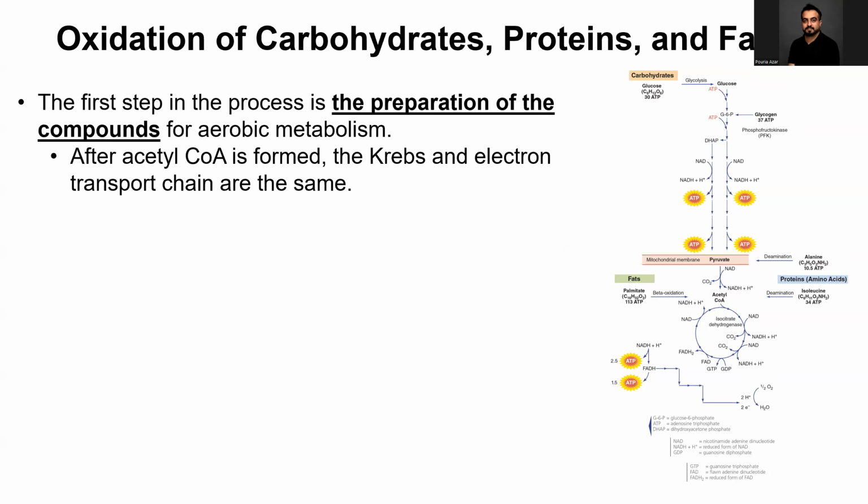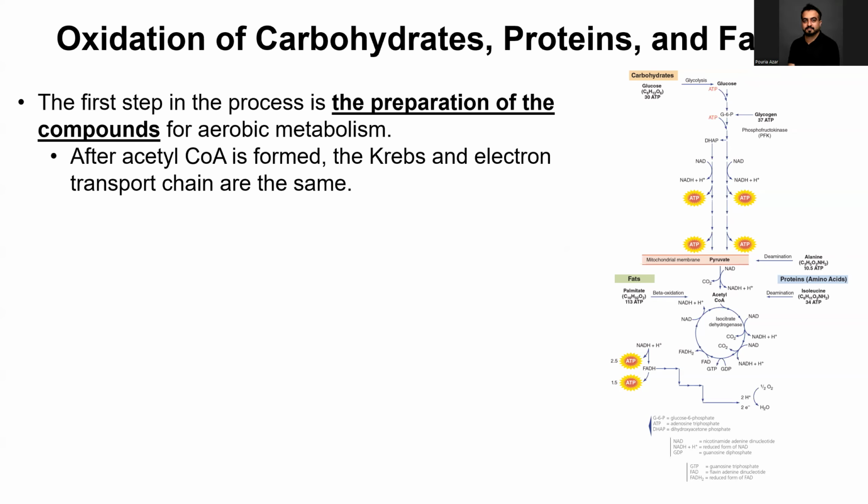In that case, this compound can be carbohydrates, proteins, or fats for aerobic metabolism. After acetyl-CoA is formed, the Krebs cycle and electron transport chain are the same among the three macronutrients.